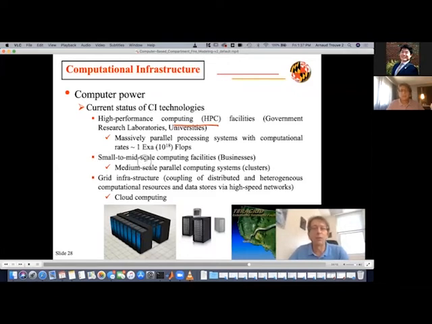You also have smaller-scale computing facilities widely available in the private sector for engineering calculations. And you have also the development today of cloud computing, where you may not have to own your hardware. You can basically go on the web, use a cloud computing service and do the computation through the cloud that way.